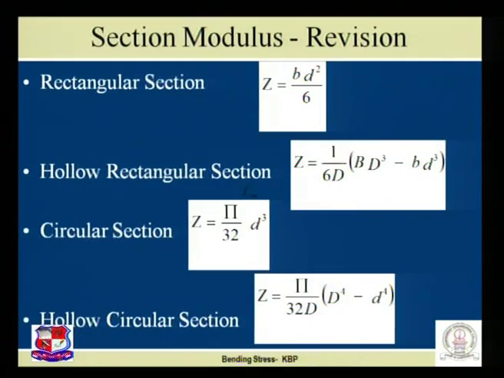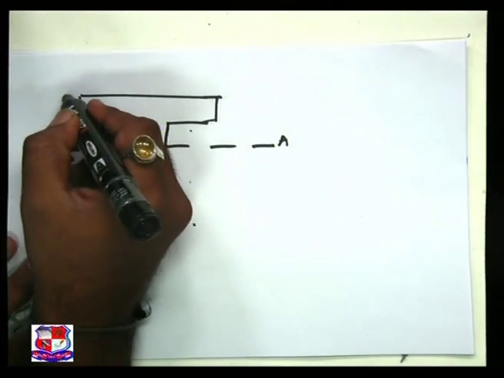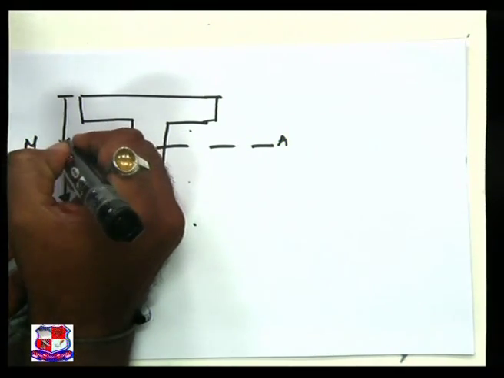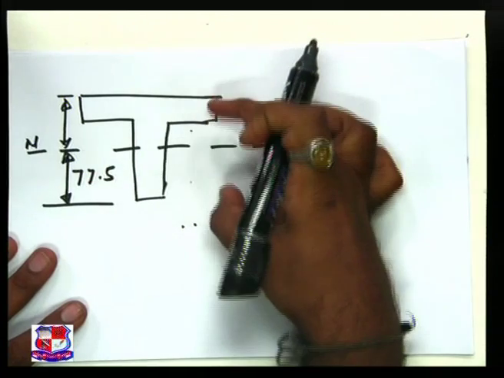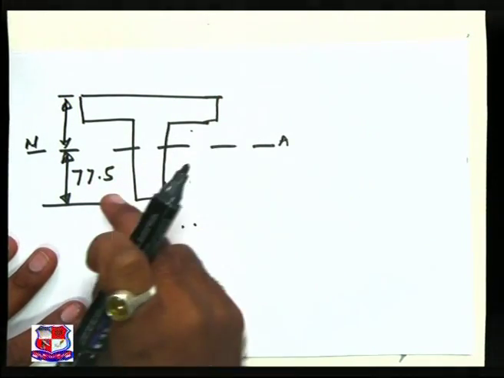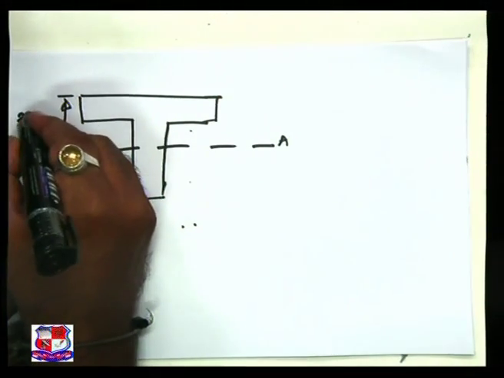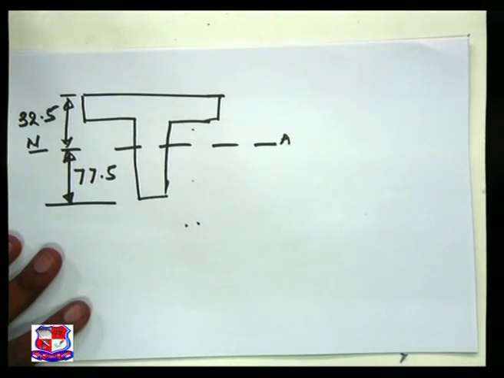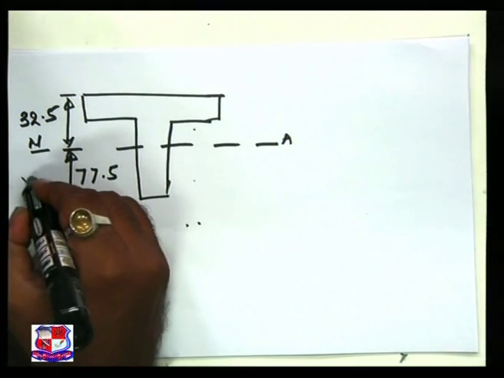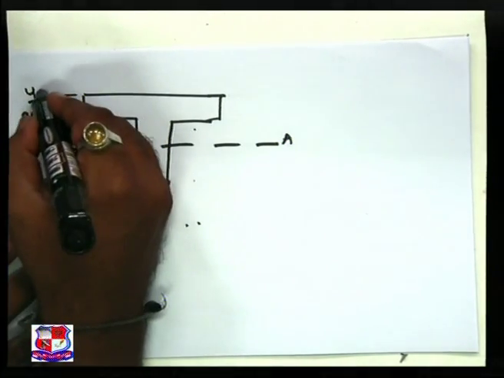Then yt is this one. Total depth is 100 plus 10, 110, minus 77.5, that is 32.5 mm. Now we have got yb, we have got yt.